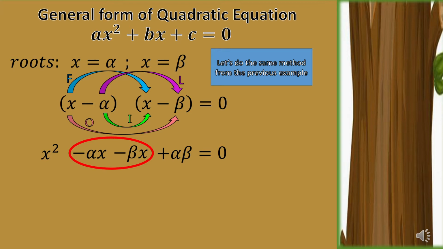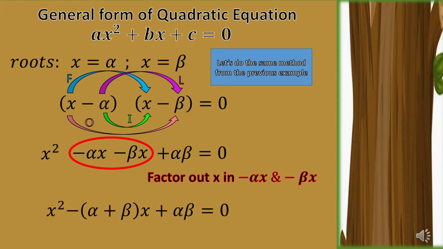So, we will factor out x in these terms. We will have x squared minus (alpha plus beta) times x plus alpha beta is equal to 0. We will call this equation 1.